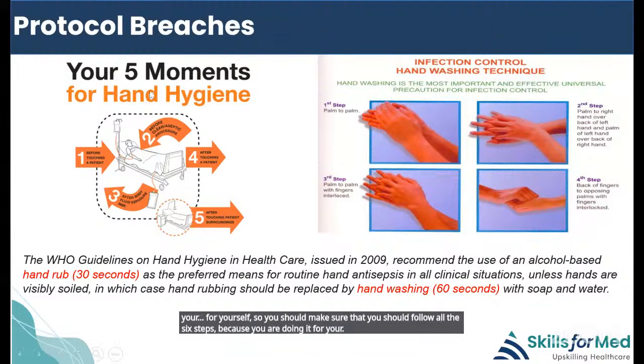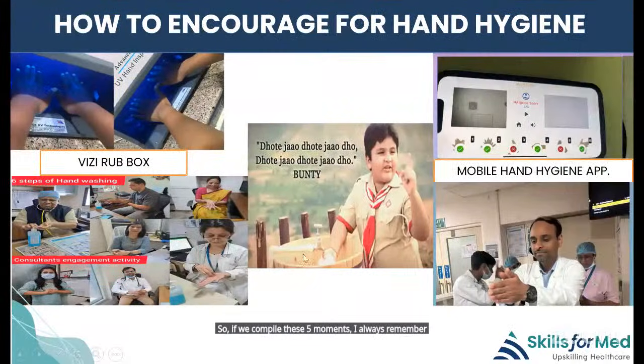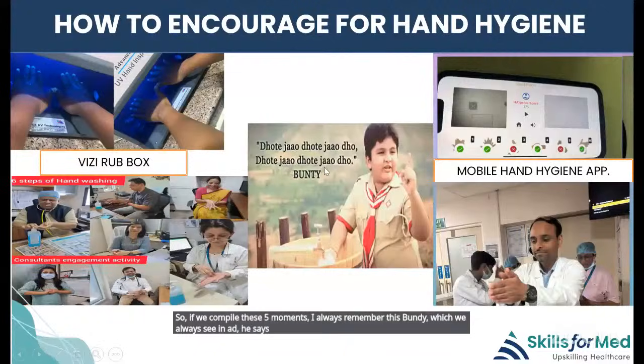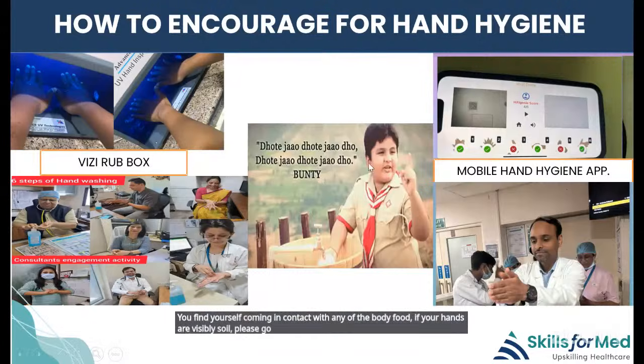So if we comply with these 5 moments, I always remember Bunty, whom we always see in the ad. He has given us a tagline: "Dhote jao, dhote jao, dhote jao." This tagline I like very much. Whenever you are in your field of work and find yourself coming in contact with any body fluids, if your hands are visibly soiled, please go for hand wash.